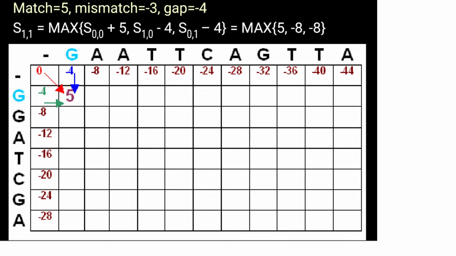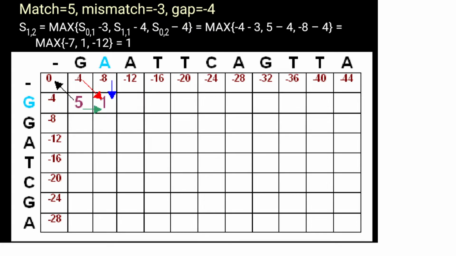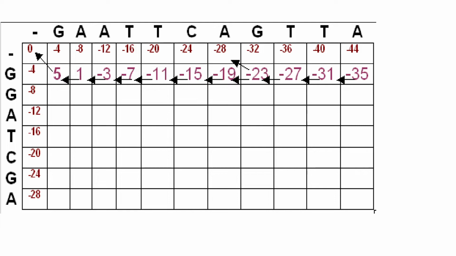Out of the three scores, 5, -8 and -8, 5 is the maximum. So the score of the 1 by 1 cell will be 5 and the direction is set to the diagonal. You can see the black arrow mark set to diagonal. Similarly, all the scores and directions are set in each of the cells.